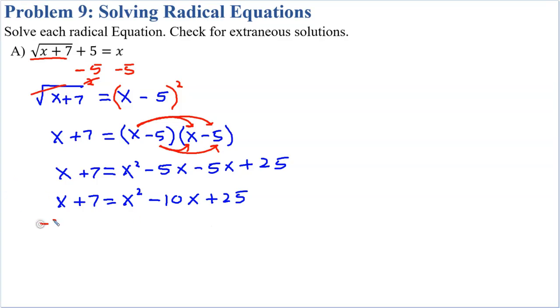So I'm going to subtract x on both sides and the 7 on both sides, which leaves me with just a 0 on the left is equal to x squared minus 11x, and then plus, let's see here, that'll be an 18.